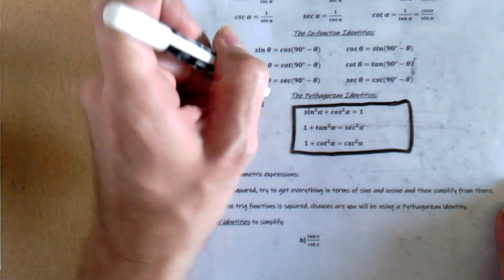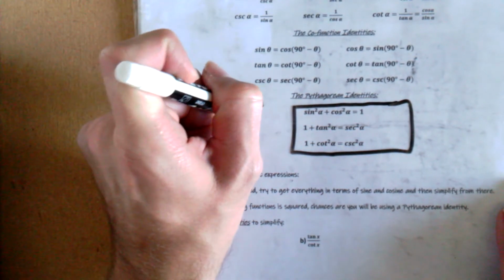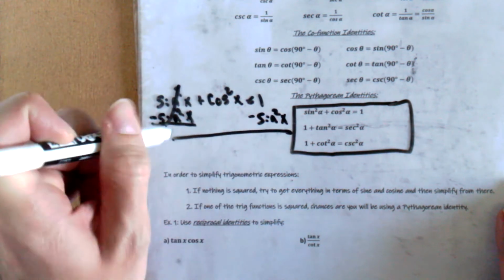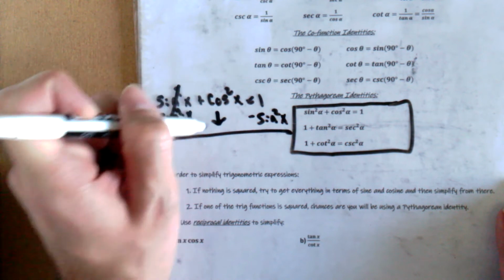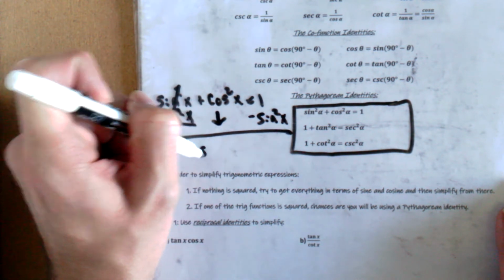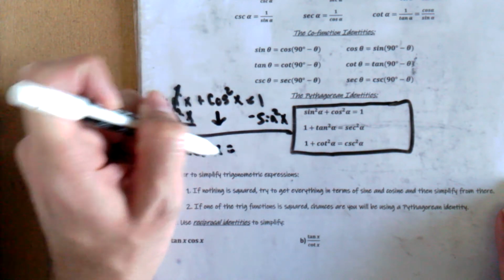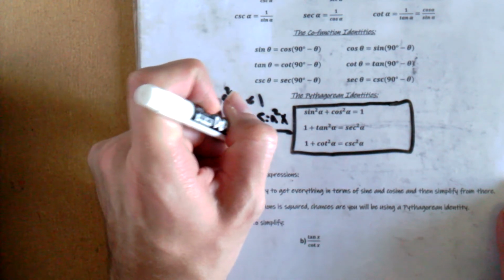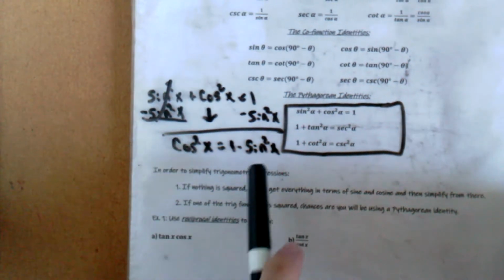That cancels out, because sine squared minus sine squared is 0. And on the left side, let's bring down our cosine squared, equal to 1 minus sine squared on the right side. Now we have 1 minus sine squared, which is what we were looking for.